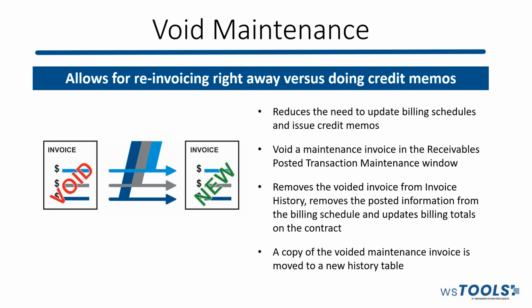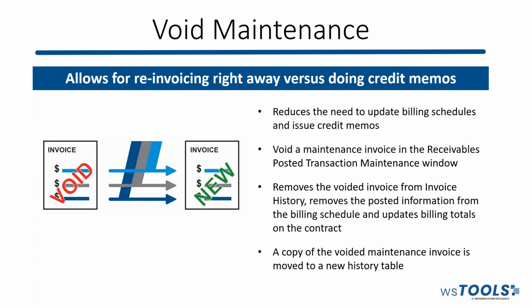Instead of going back and updating your billing schedules and putting in a credit memo, processing that all the way through your system, and then coming back in, updating the billing schedule for the invoice, and processing that maintenance invoice, away you go.